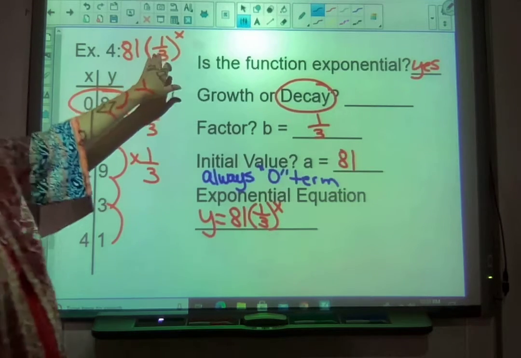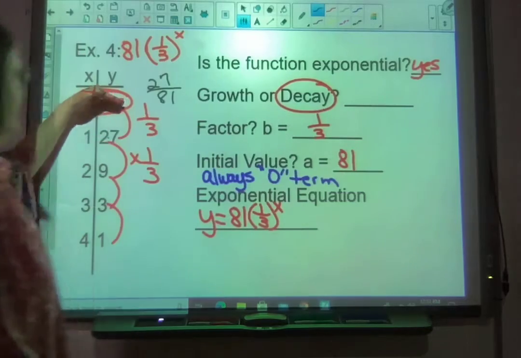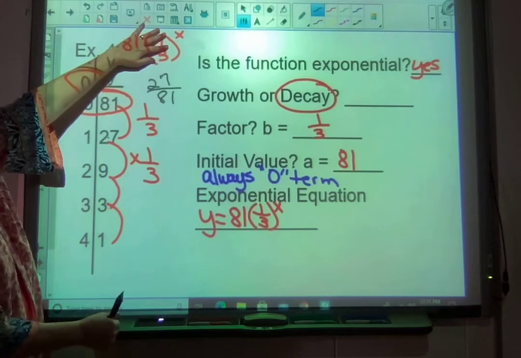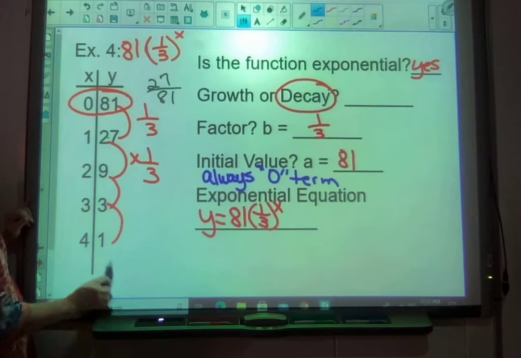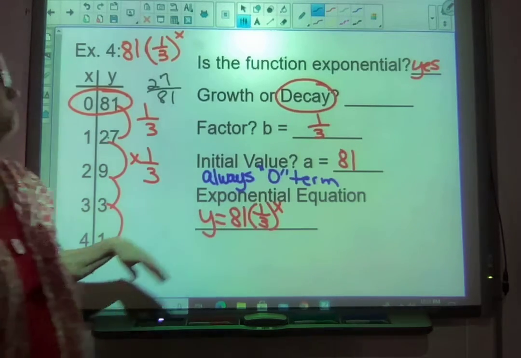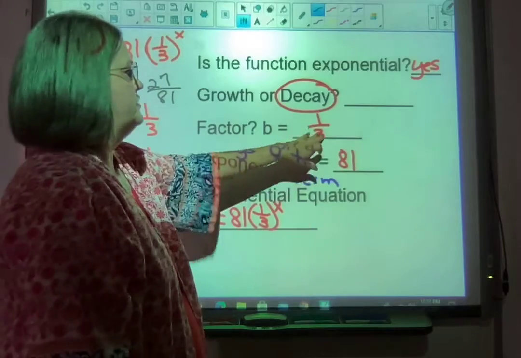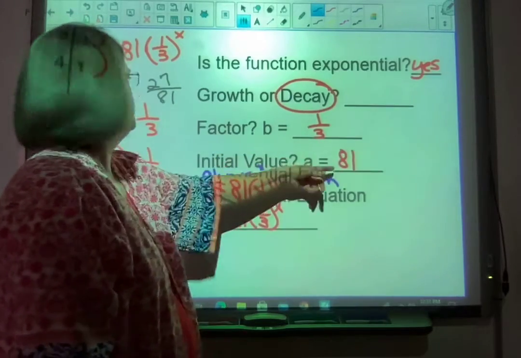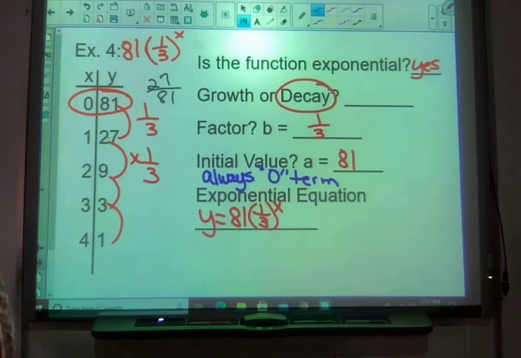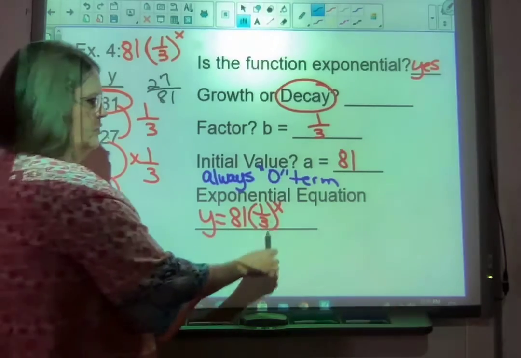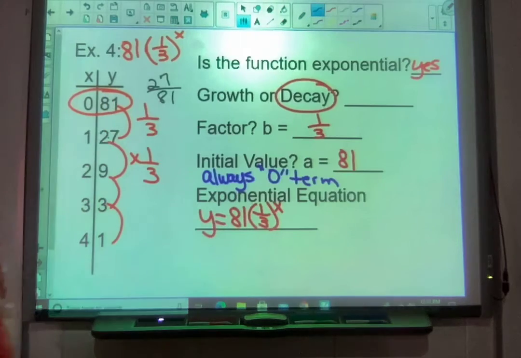This is decay because it's going down. You wouldn't see this on your notes initially, but it's going down, so it's obviously decay. So it's a factor of 1/3, and my initial value, the 0 value, is 81. So 81 times 1/3 to the x power.